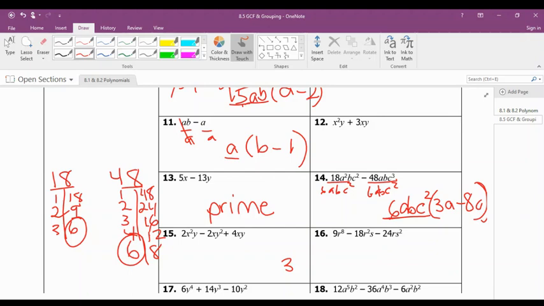And they all have only one R in common. That's all they've got. 9 has a lot of R's, but the other two don't. So 3R, I'm going to divide them all by 3R. And I'm going to get 3R, and this subtract that, you get 7. 18 divided by 3 is 6.